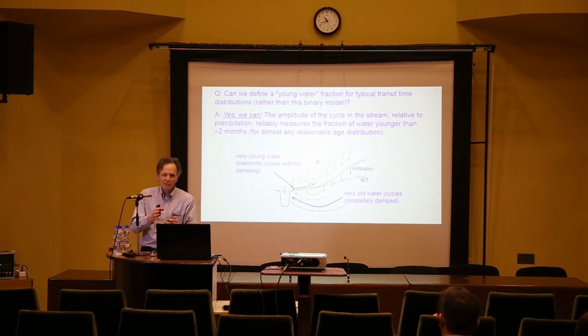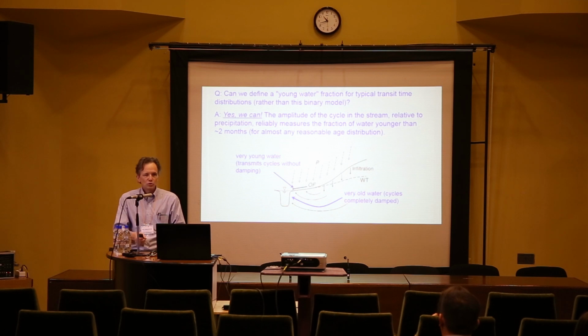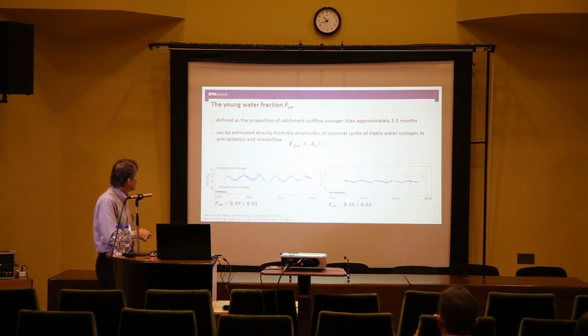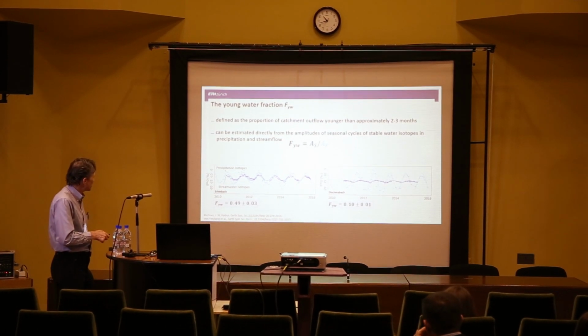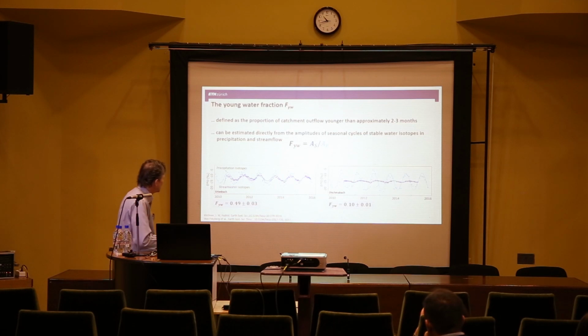Now, about in this case means like 1.5 months to 3 months old. So it can tell you what fraction of your water is young. So we define what we call the young water fraction, and we show this can be reliably measured as the ratio of the amplitude of that cycle in stream water to the amplitude of the cycle in precipitation.